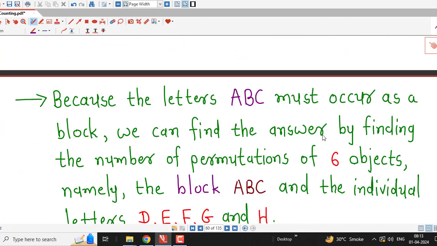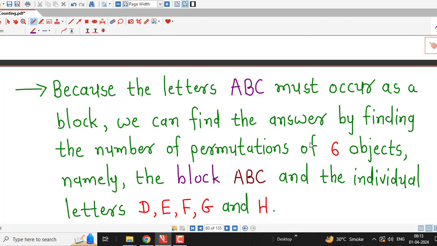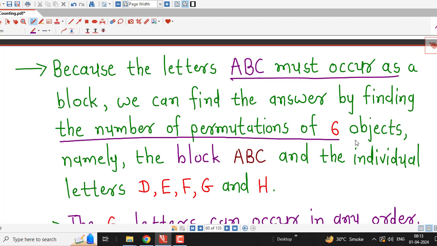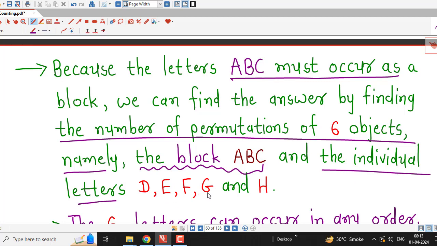So this is another interesting problem I have written systematically. Because the letters ABC must occur as a block, we can find the answer by finding the number of permutations of 6 objects, where one object is the block ABC, and the individual letters D, E, F, G, H, that is 5 letters.